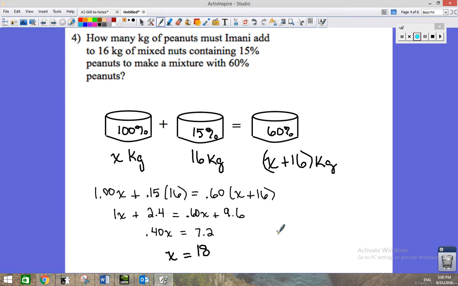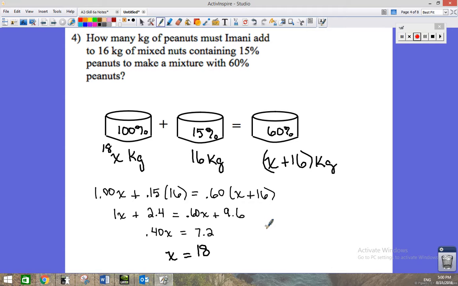All right, so let's see if this answer is reasonable. If we have this 15%, we have this 16 kilograms, and it's very little peanuts. We're trying to get it to be more than half, so we've got to add a little bit more than the 18 kilograms of pure peanuts will raise that concentration up to 60%. Seems reasonable to me.